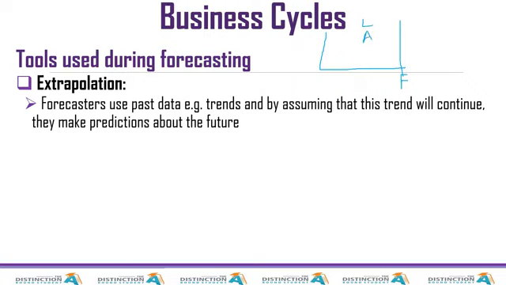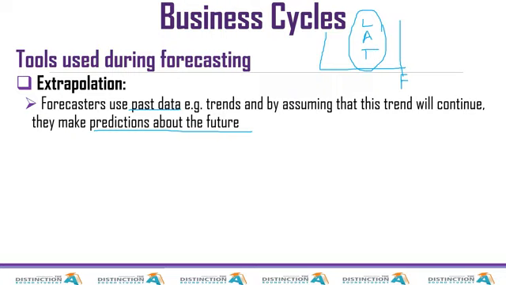We used the length, we used amplitude, we used a trend line up until this moment. So this technique of using what we know, past data, trends, and by assuming that the trend will continue, and make prediction about the future. So we use what we know. We use the length, the amplitude, the trend line.